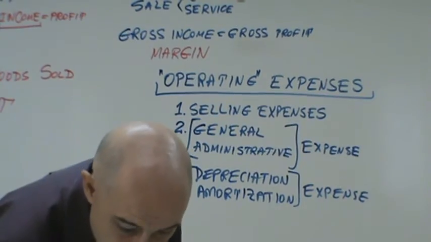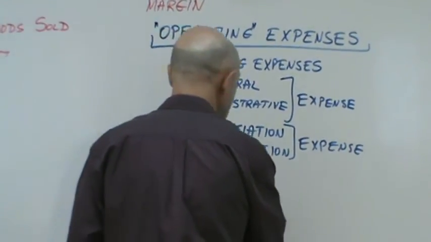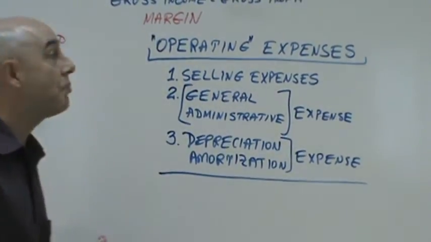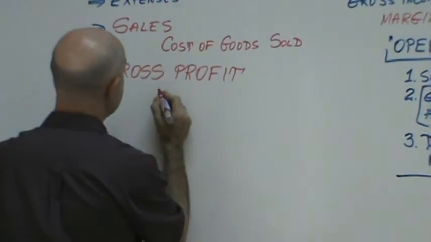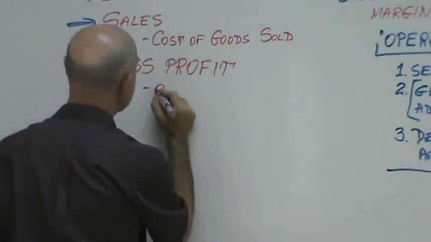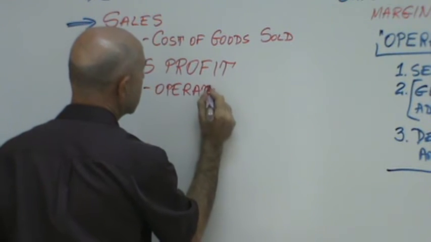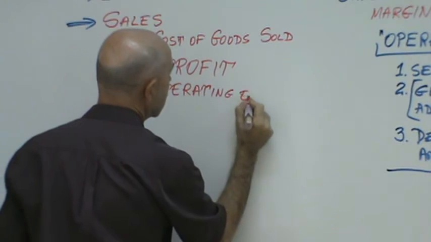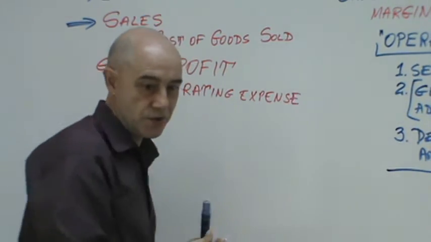What else we got? Well, these three will give you total operating expense. So from gross profit, you will subtract, so this becomes a little minus here, operating expense.